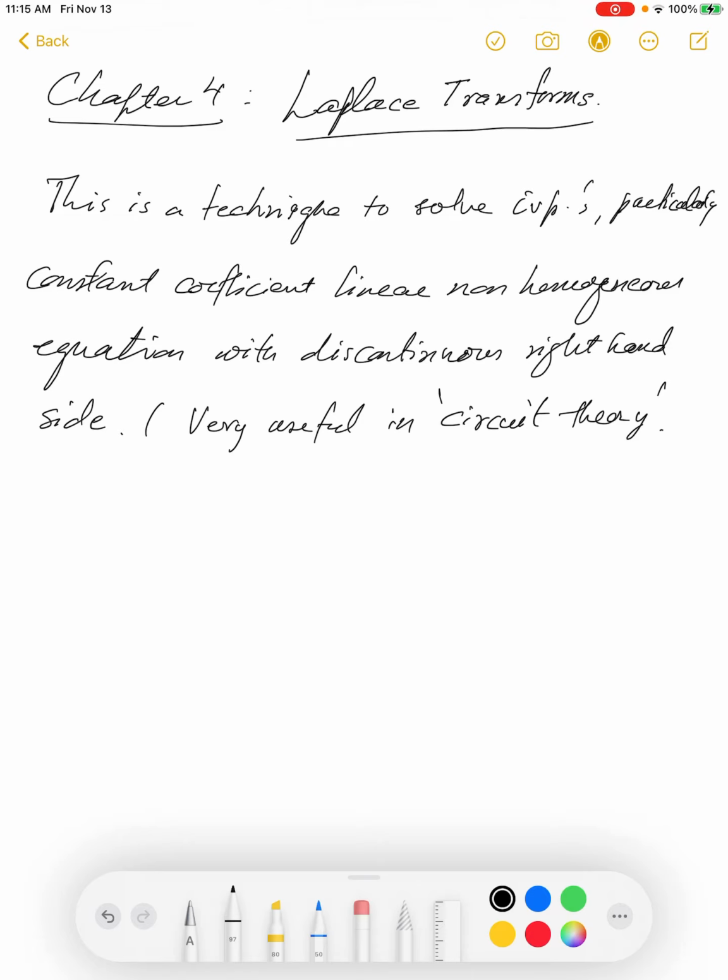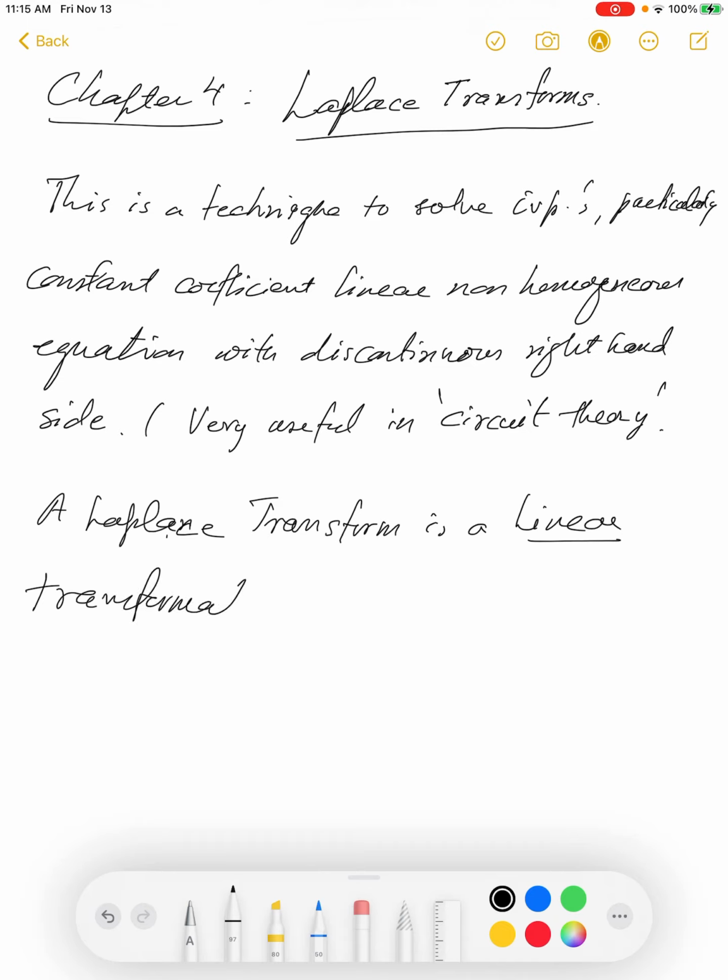So I want to introduce the idea of Laplace transform, which is another linear transformation on the space of functions. So a Laplace transform is a linear transformation. I'd like to emphasize this first: it is a linear transformation on the vector space of functions.